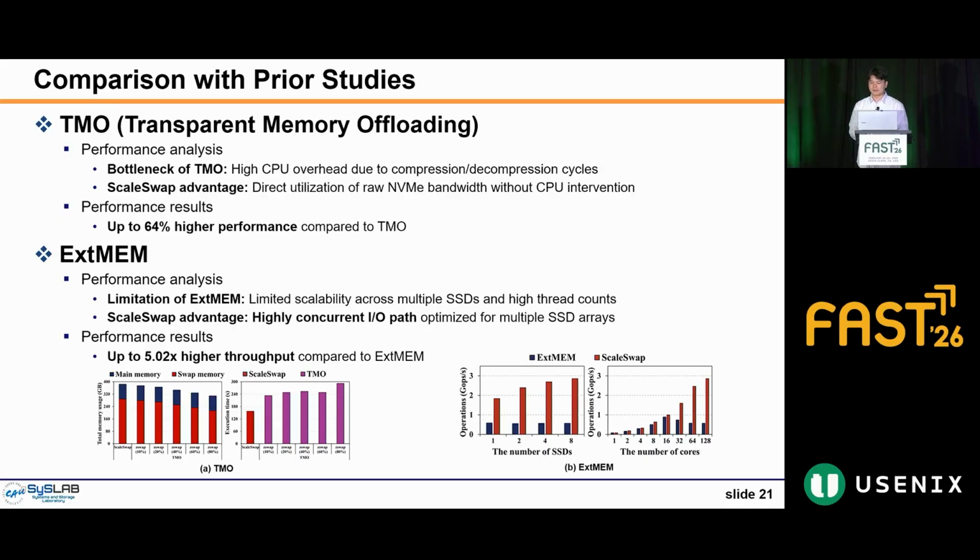As the number of SSDs increases, ExtMEM shows little performance improvement and its throughput saturates beyond 32 threads. In contrast, ScaleSwap continues to scale consistently with both additional SSDs and higher thread counts. As a result, in this all-flash setting, ScaleSwap achieves up to 1.64 times higher performance than TMO and 5.02 times higher throughput than ExtMEM.